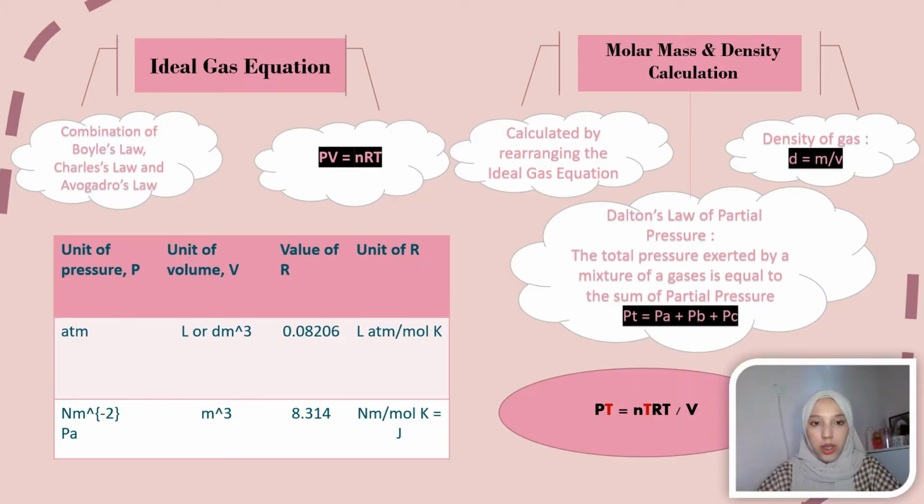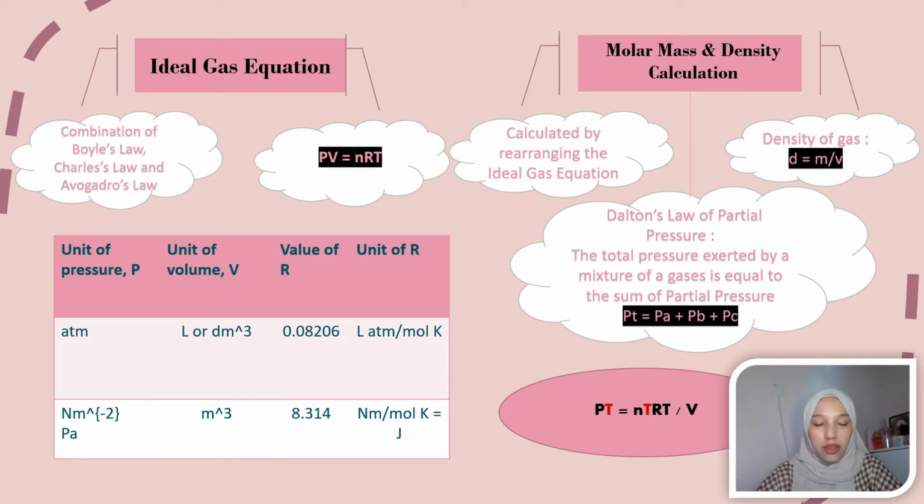Ideal gas equation. Okay, what is the ideal gas equation? This is a combination of Boyle's law, Charles's law, and Avogadro's law. The formula is PV equals nRT. For the unit of pressure in the ideal gas equation, we have two: atm and N m^-2 (Pa).